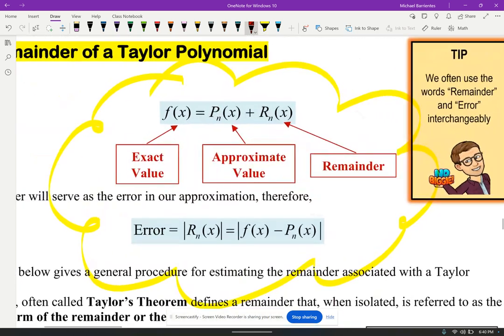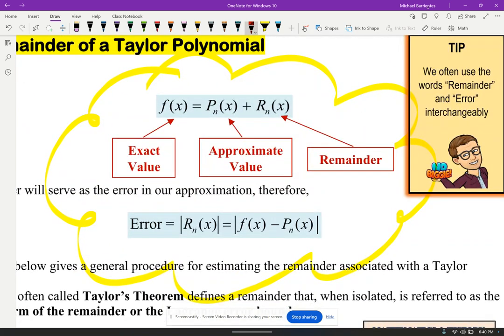Now, going back, if my function value is what I'm trying to find, and that's the exact value, I can use a Taylor or Maclaurin polynomial to estimate it. But if I'm estimating it, that means there's a leftover, right? There's something that didn't complete the exact value.